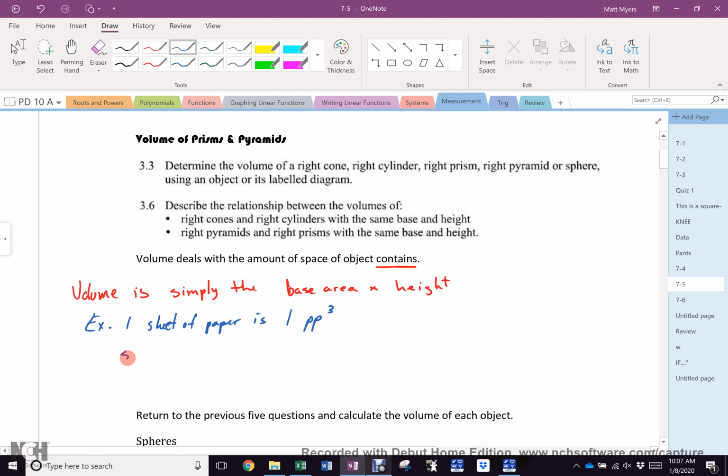Now, if I repeat that sheet, I get a prism. That would be one pp cubed times however many sheets. Is everybody cool?